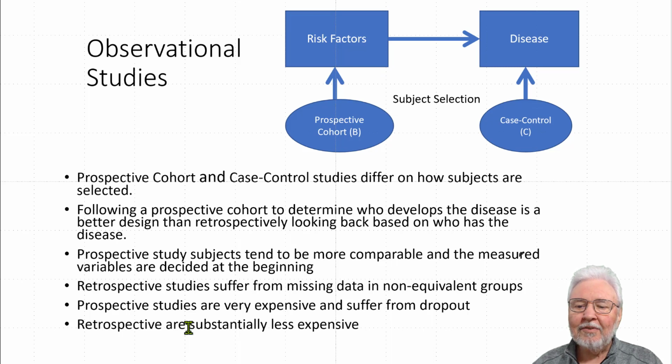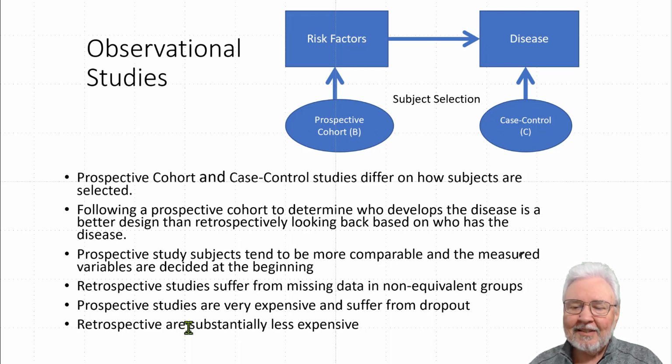One is a prospective cohort study, and we noted that we'll give that a grade of B, and the other is a case control study, and we've given that a grade of C. Now, those grades can go down based on other types of limitations, but that's where we start. Prospective studies start out where you've defined all the risk factors and you're keeping score on those over a long period of time.